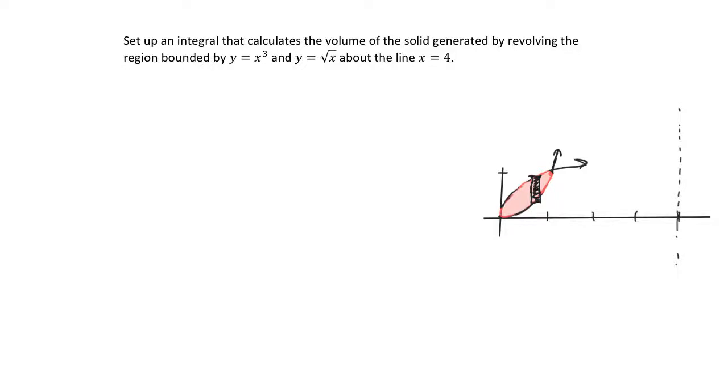Okay, as I said, we would imagine having a mirror image of that rectangle way on the other side of that axis of revolution, but it would be such a small picture, I'm not going to do that. We have a thickness dx, and so we will revolve this.